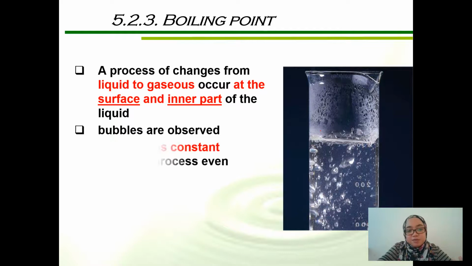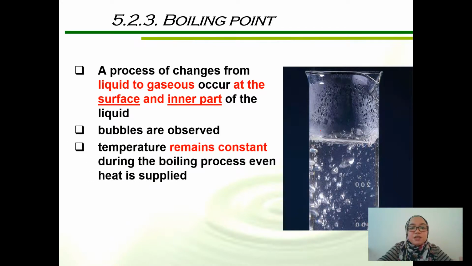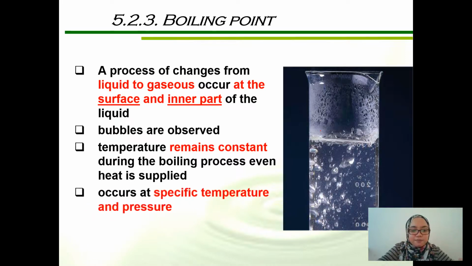So the bubbles will be observed and the temperature remain constant during the boiling process, even heat is supplied. So, okay. And it occurs at a specific temperature and pressure. So different with the vaporization process tadi. Vaporization process, dia only occurs dekat mana? Dekat any temperature at any pressure. Okay? Boiling at the specific.